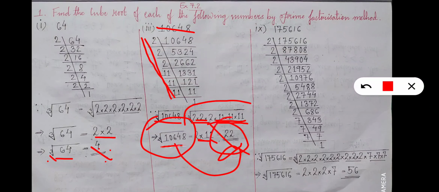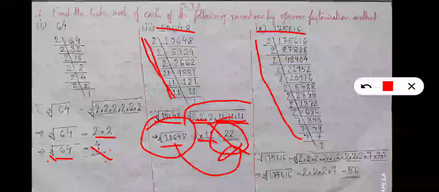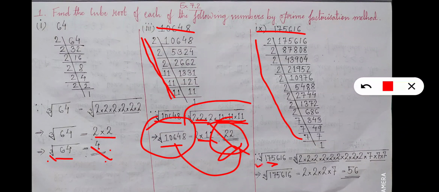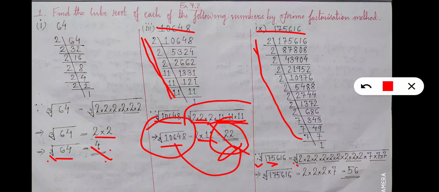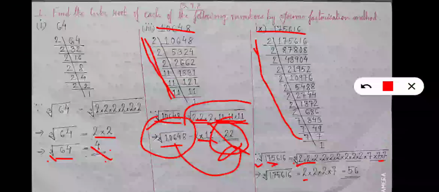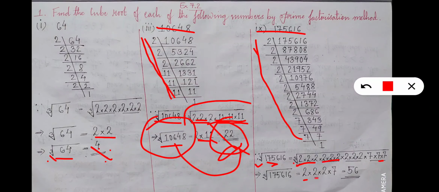Okay, let's move to the next one, that is Roman number 9. 1,75,616. The prime factorization of this I have already done here, you can see. Now as usual you will copy the same number with the cube root sign, and again the cube root sign with the prime factors, 2 nine times and 7 three times. Now let's make triplets. So 1 triplet of 2, one 2 will come out. Another triplet of 2, again one 2 will come out. Again one triplet of 2, one 2 will come out.